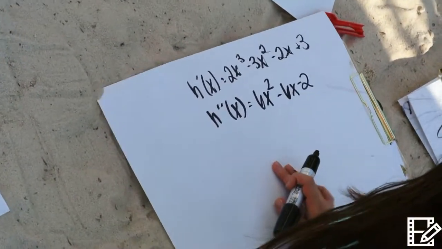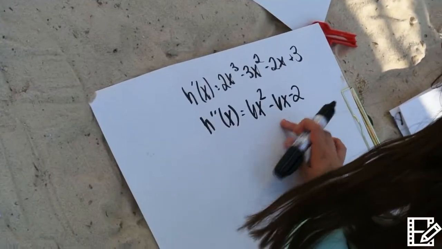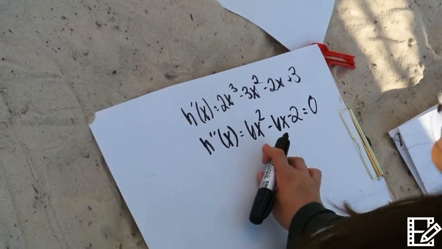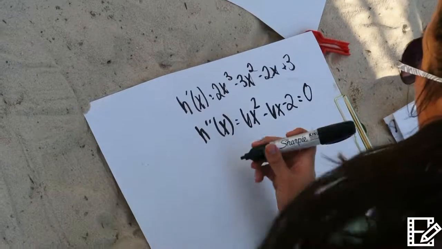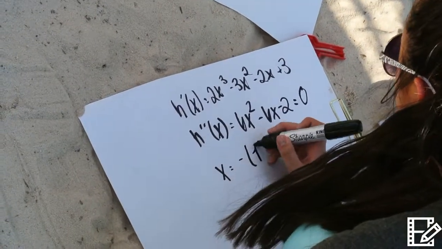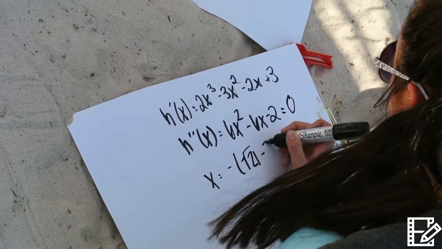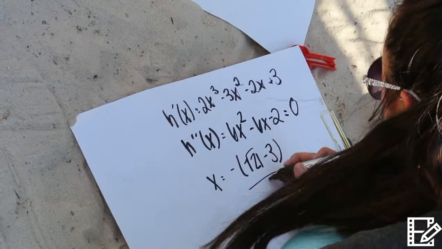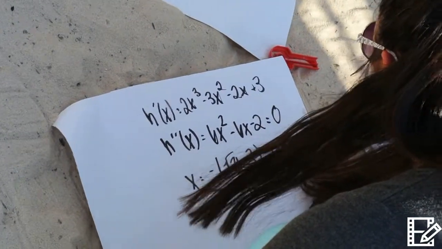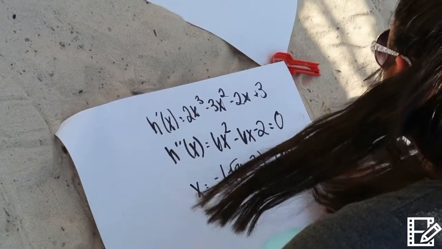So to find the critical points, we need to find where the second derivative equals 0. So this right here equals 0 at x equals negative square root of 21 minus 3 all over 6, or square root of 21 plus 3 all over 6.